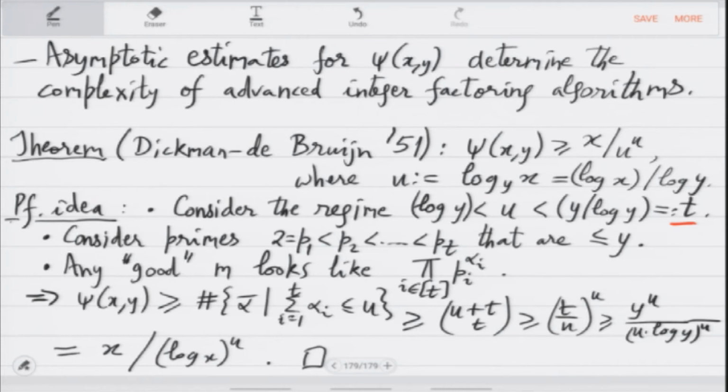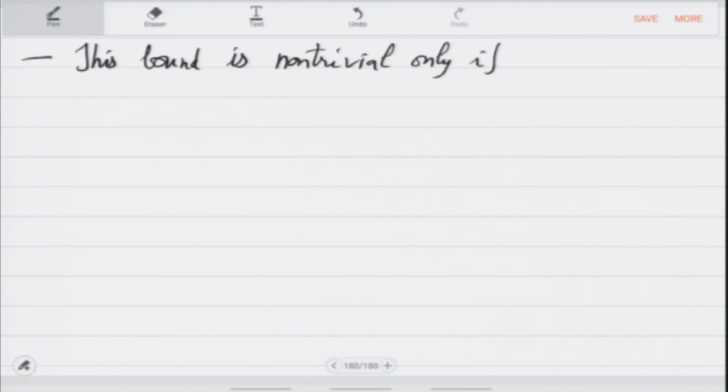But this can be made more refined, and then you can get de Bruijn's estimate. Let us assume that it will work. Using that theorem, the first thing you can observe is that this bound is non-trivial only if u raised to u is sufficiently smaller than x.